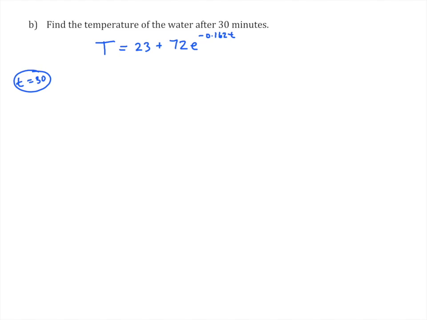And if I do that, I do 23 plus 72 e to the minus 0.162 times 30. Now when I put it into the calculator, I didn't use minus 0.162. I used the full decimal answer from part A, and you'll get something very close to 23.55 degrees. That's what the temperature is after 30 minutes.